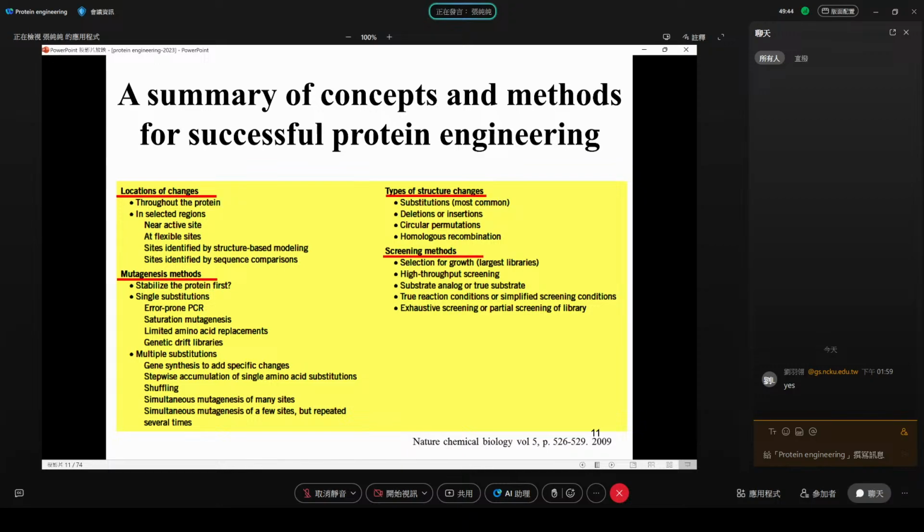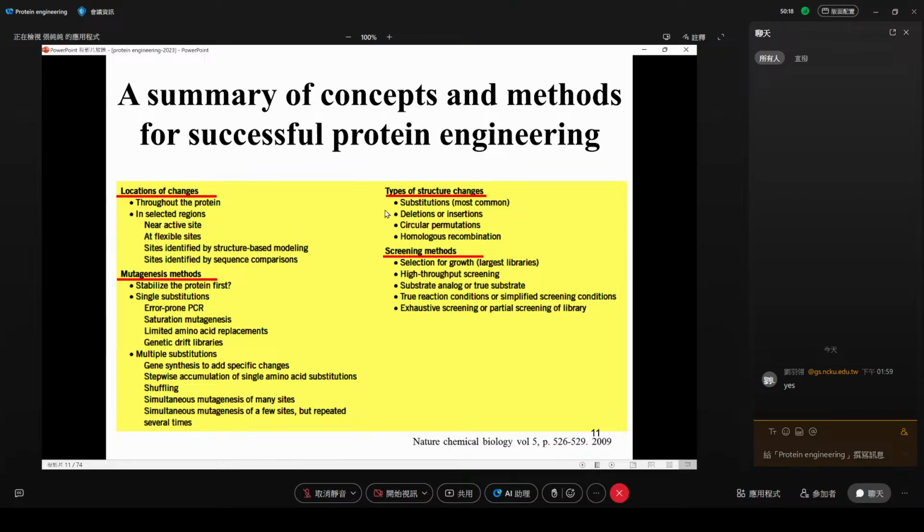So you can see how they make the decision about which location to do mutagenesis, what kind of methods, such as error-prone PCR, saturation mutagenesis, and what kind of screening method they use: substrate-based screening, high-throughput screening, exhaustive screening or partial screening through the library. These different strategies will be very helpful for you to improve your own science project.